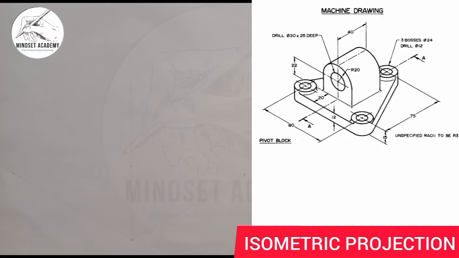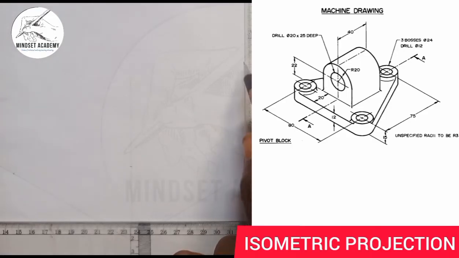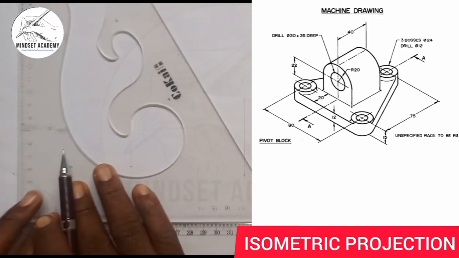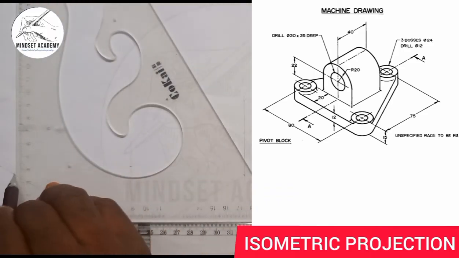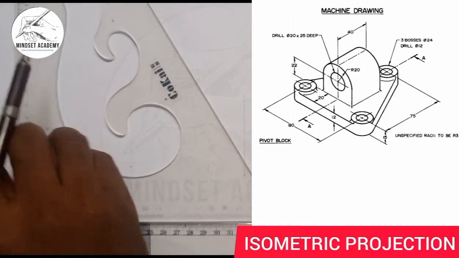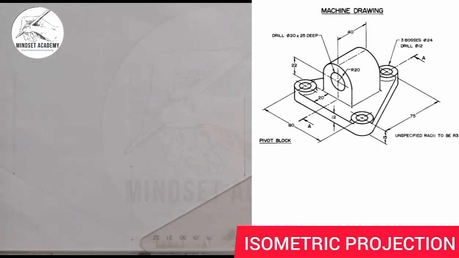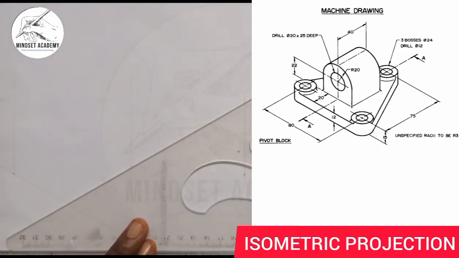Then I'm going to project all those points upward this way to here. We go up, then here we'll go up, then what I did down here, I'll do it up here too.